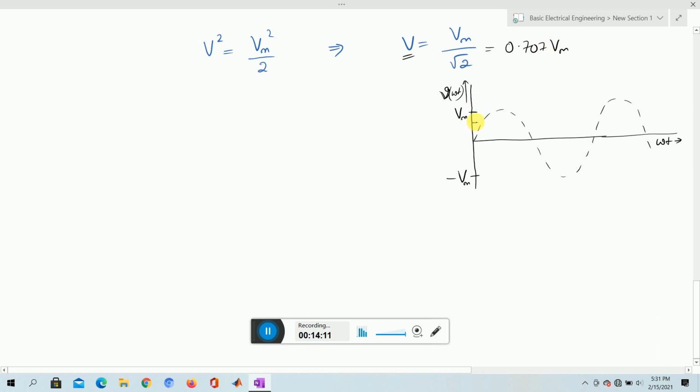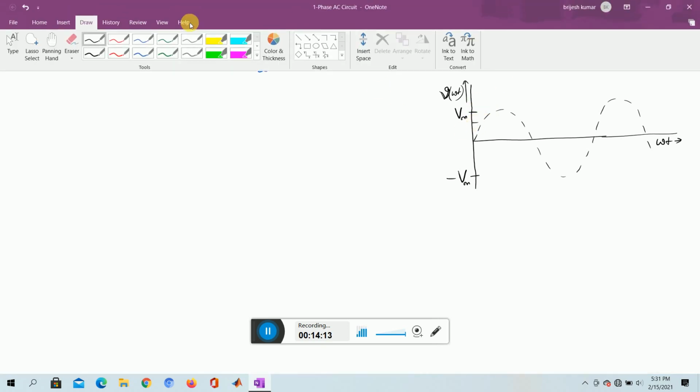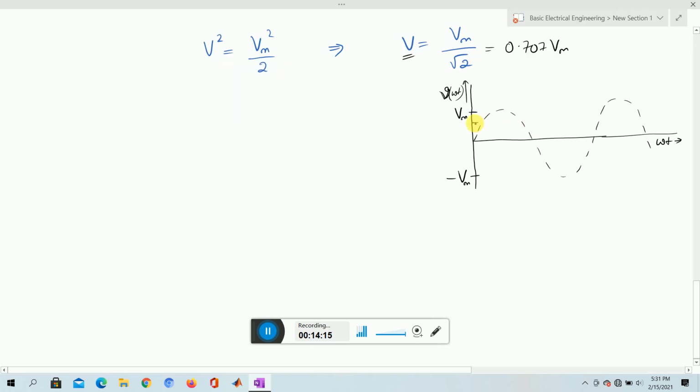Let us say this quantity is the RMS voltage, which is 0.707 times Vm. That value is called V RMS, and usually RMS is not written; capital V means it is an RMS value. So like that you have got the value of RMS voltage.